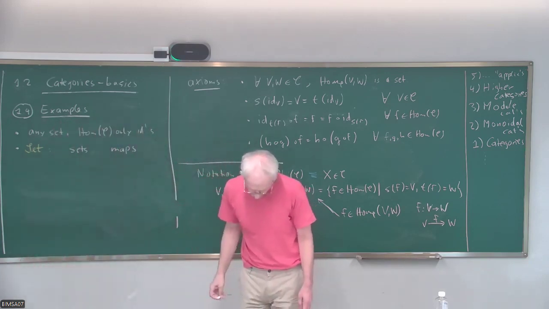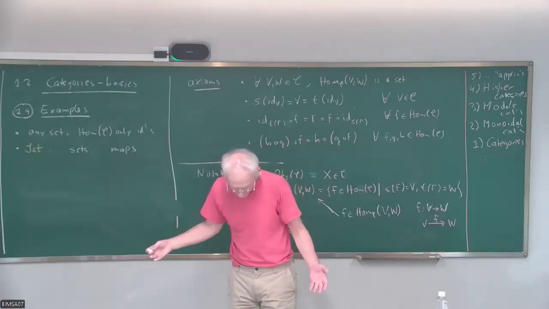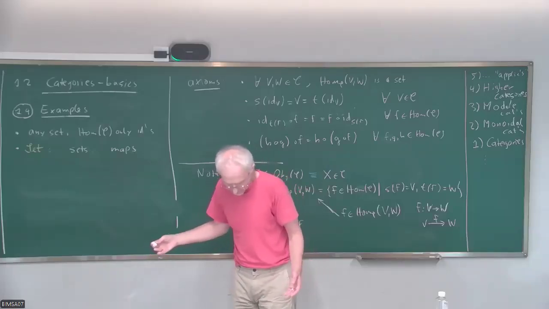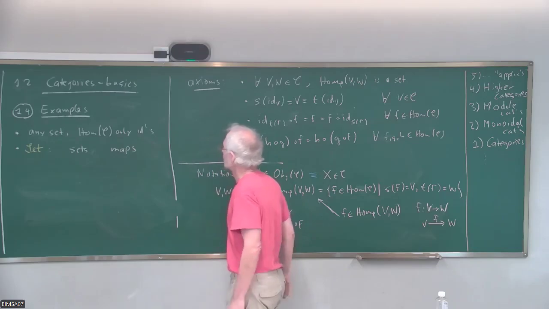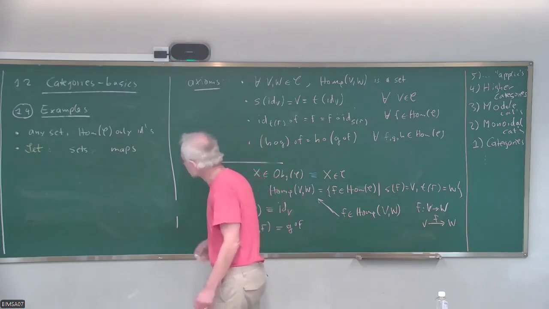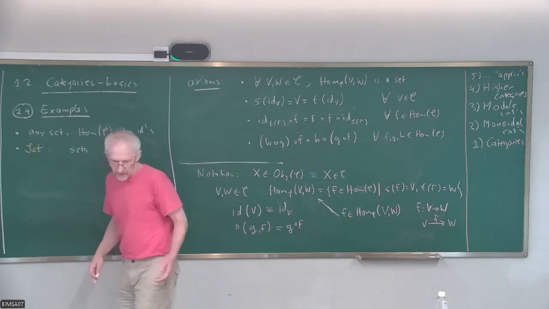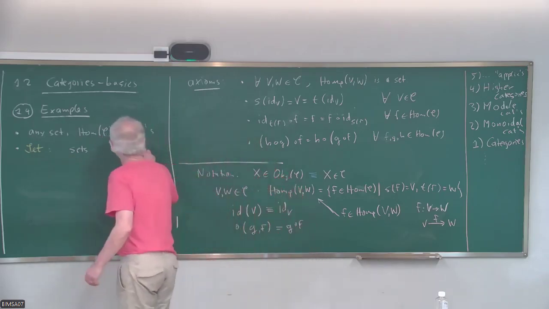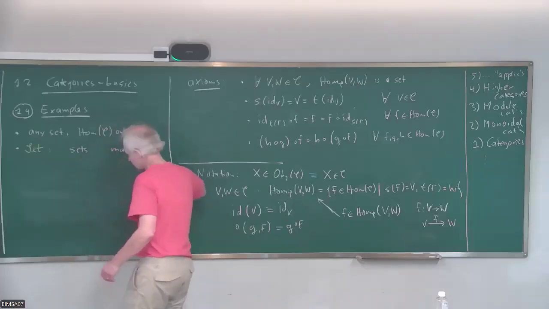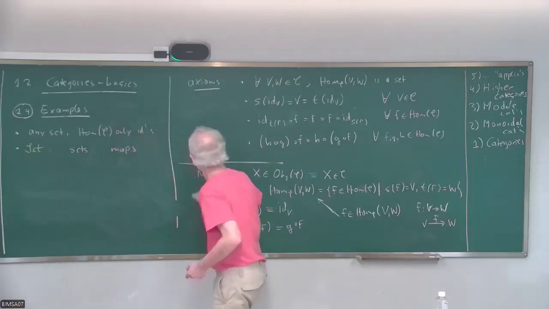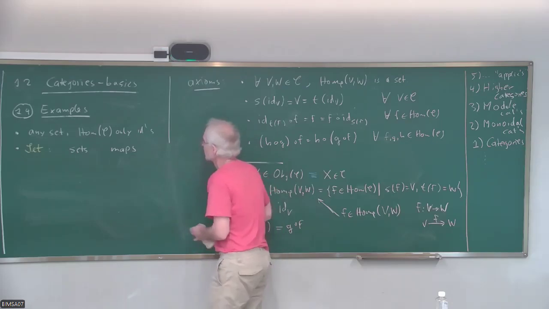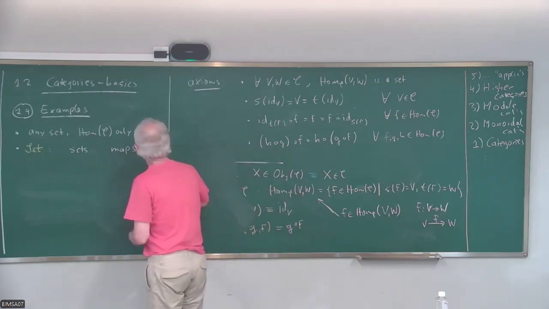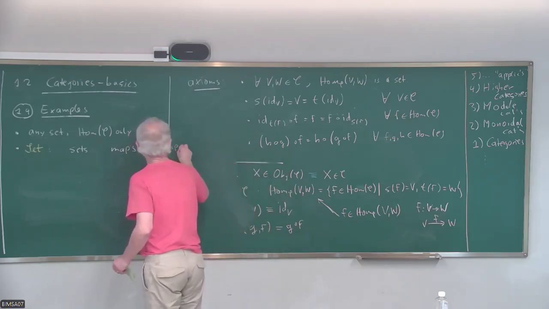And this is a very natural category. What are the identities? These are identity maps, and we take as composition the composition of maps.